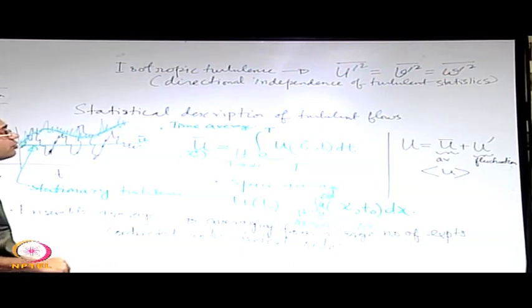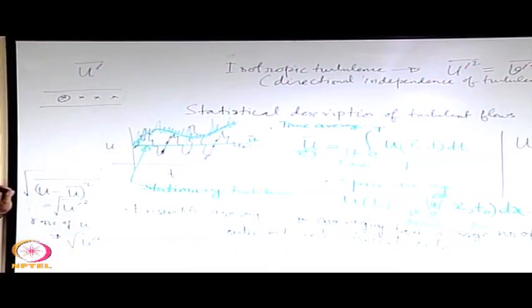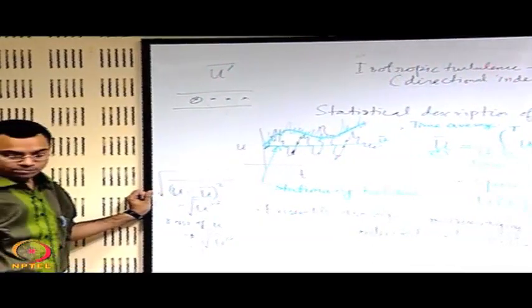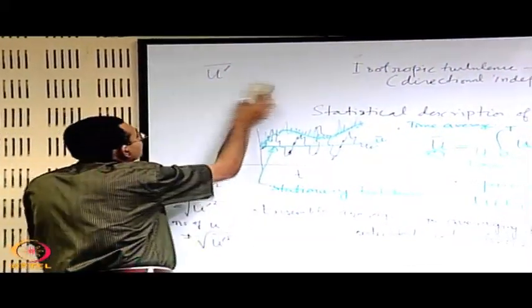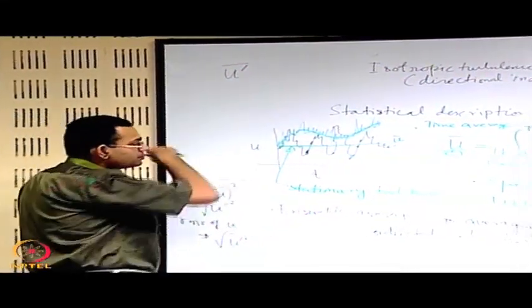So we have to keep in mind that when you consider the averaging of, say, u prime, what is this? Say you want to find the average of u prime, let us say the time average.